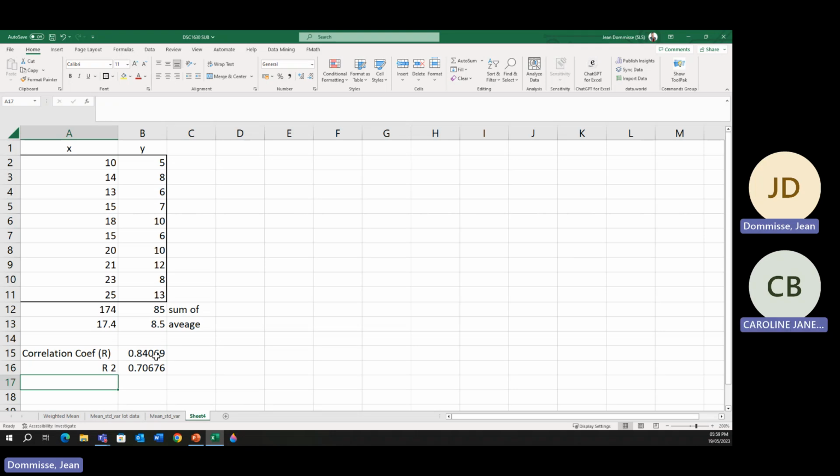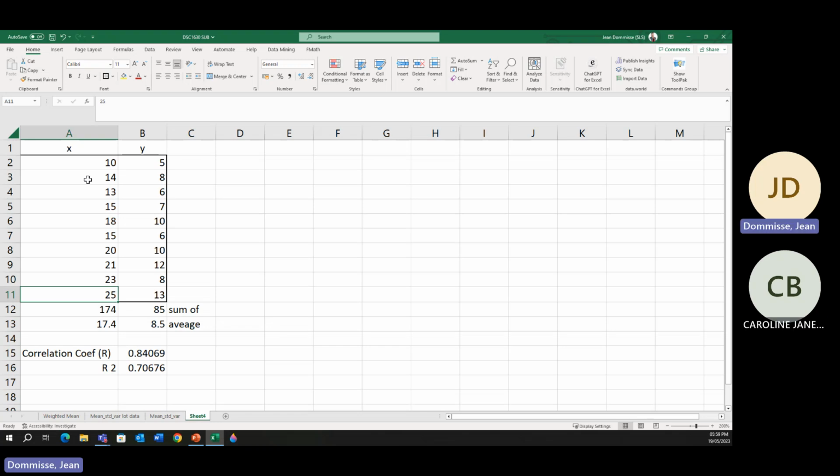Let's see if that was actually the same numbers. So they're not getting the same numbers. Let's just see if my data was the same. 10, 5, 14, 8, 13, 6, 15, 7, 18, 10, 15, 6, 20, 10, 21, 12, 23, 8, 25, 13.